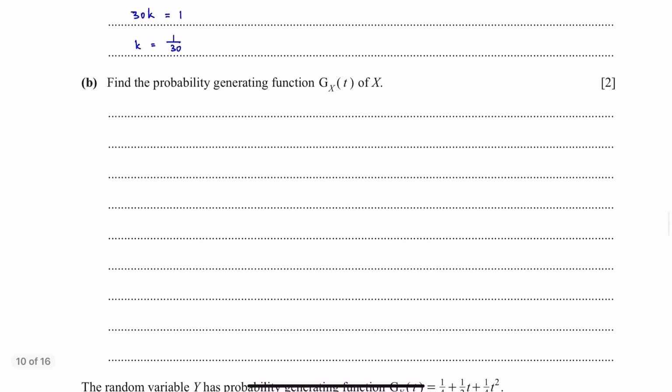Part B. Find the probability generating function of X. So the probability generating function would be the sum of t to the power of x times the probability when X is equal to x.